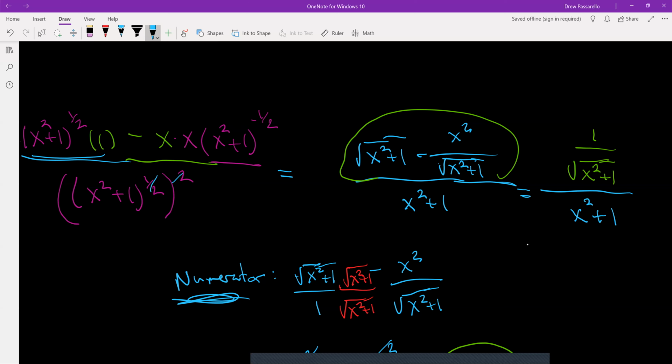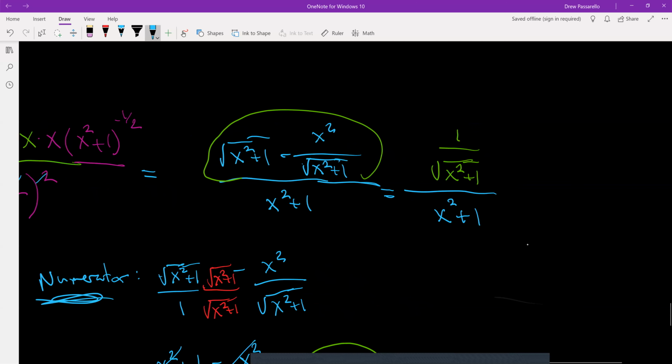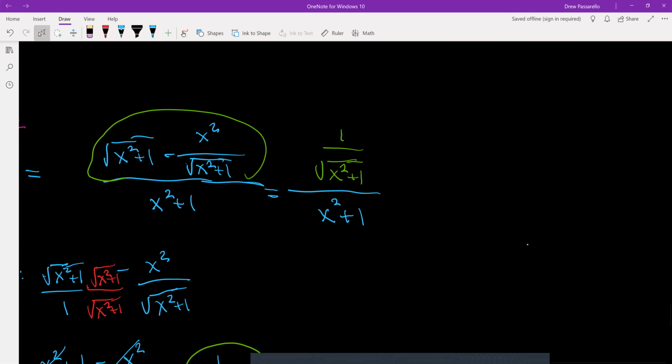In a previous video I said that if you have a fraction like a over b divided by c, you can bring this bottom part, x squared plus 1, up to the bottom part of the top fraction.